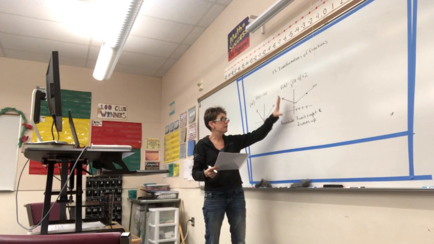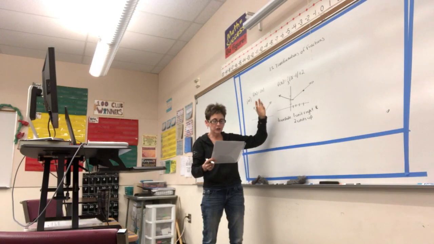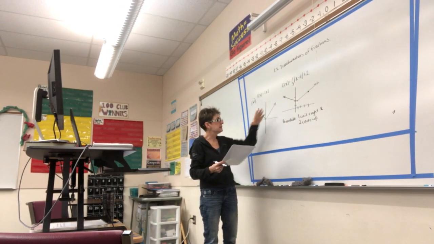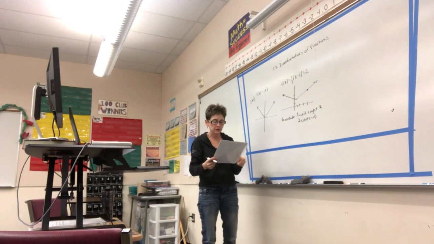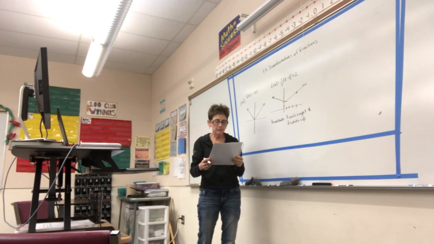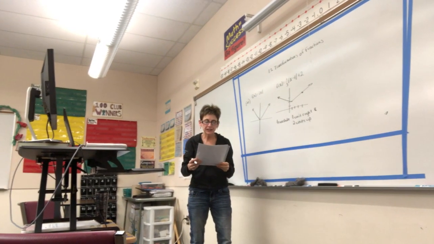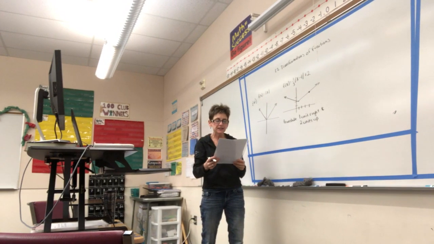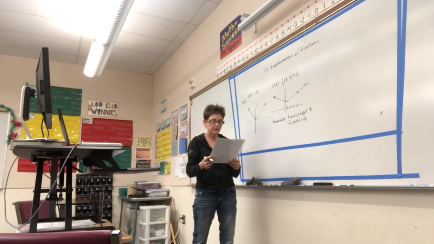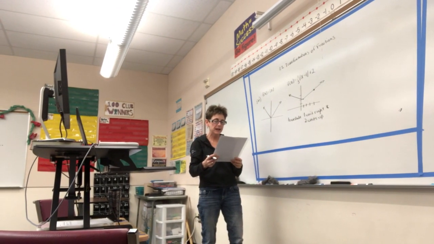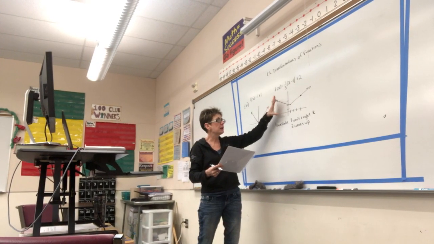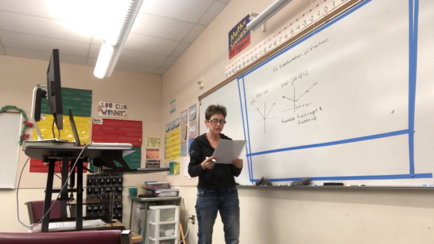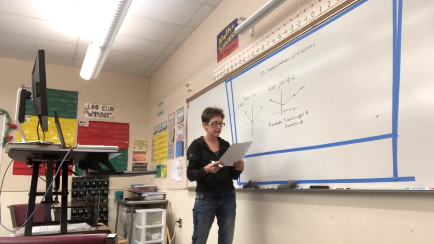But notice that the function has also been shrunk. It's not quite as tall as it used to be. So a compression is a transformation that decreases the distance between the points of a graph and the given line by the same factor. So this graph here is a compression of the parent function.